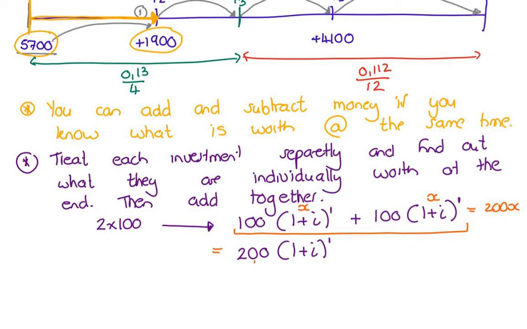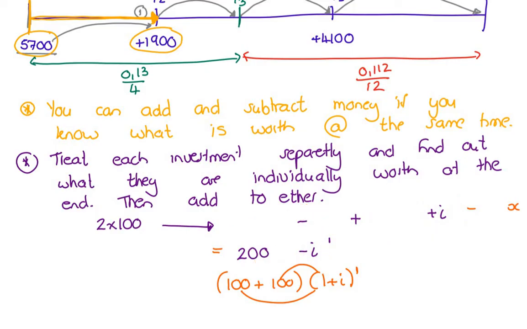Another way to think of it is if you think of this as 100 Rand and 100 Rand, each multiplied by the bracket, would you agree that I could distribute? I could say that each of those 100 Rand has to be multiplied by the bracket. So very importantly, it doesn't matter if you treat the amounts separately. I'm just going to erase this so I can write here. It doesn't matter if you treat the amounts separately and add them together at the end.